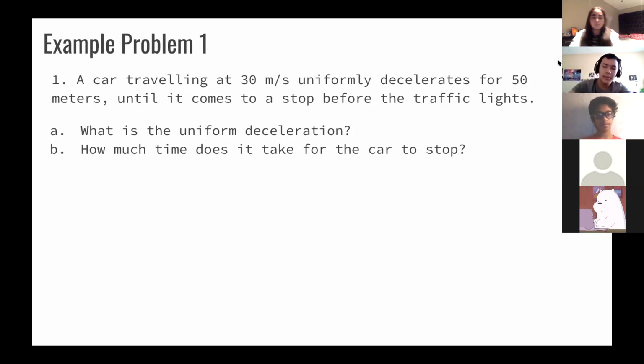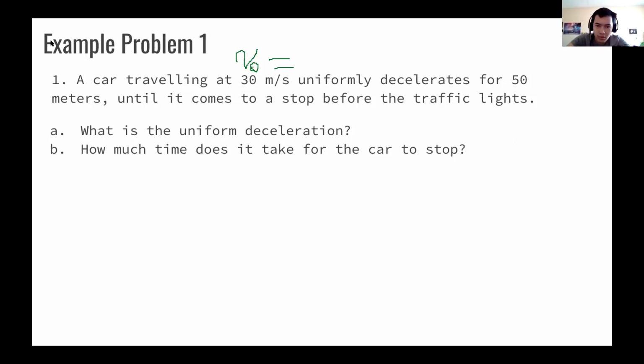All right, I'm going to start explaining now. The first thing we see is that this is v naught, because that's the starting velocity. So we'll put v naught equals 30 meters per second.